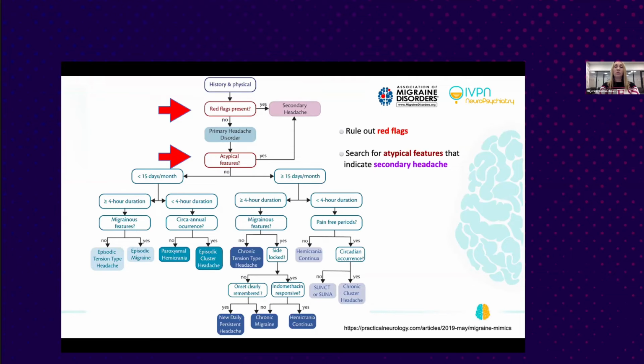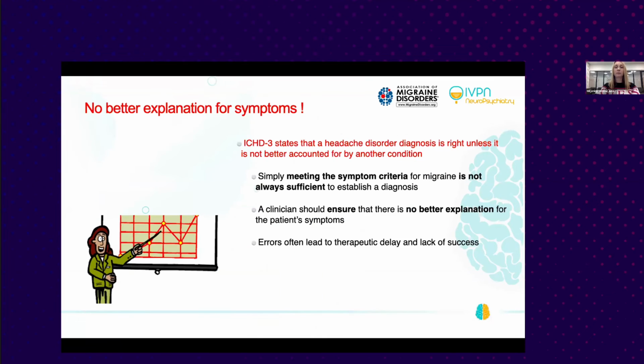If so, then you should be thinking of secondary headache. And also, after seeing the primary headache disorder diary, perhaps see that there are any atypical features present. If so, again, think of the secondary headache. If not so, just follow this algorithm and choose one of the right diagnoses for primary headaches.